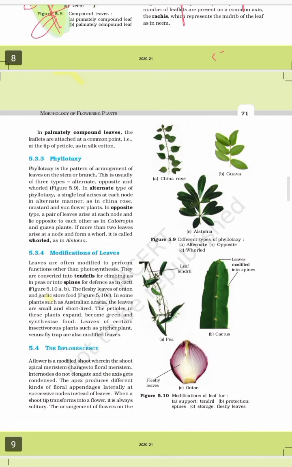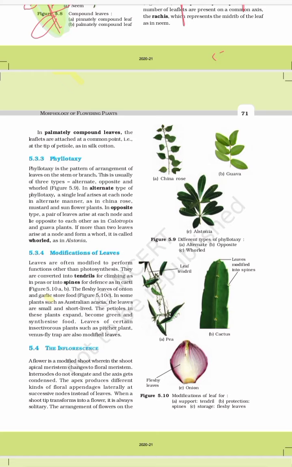And in our next video we are going to study inflorescence, but before that let us study two small topics, that is phyllotaxy and modification of leaves. Phyllotaxy means the arrangement of leaves.